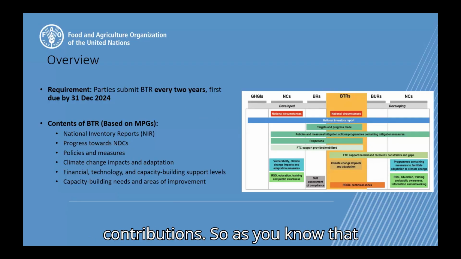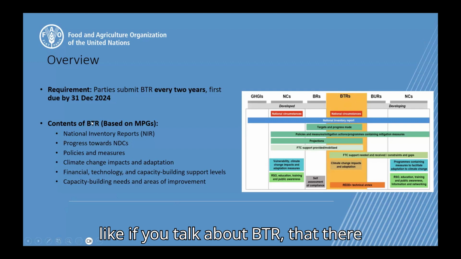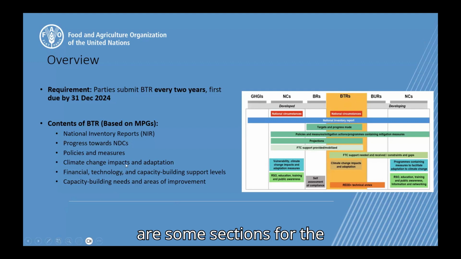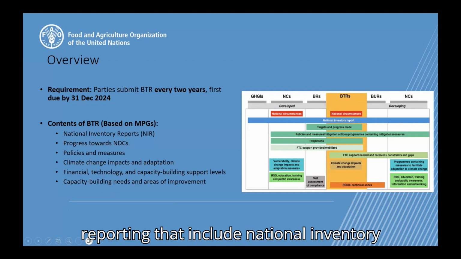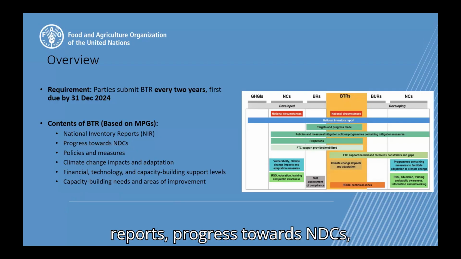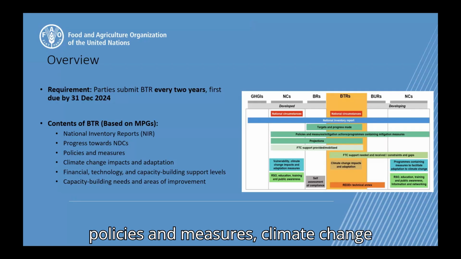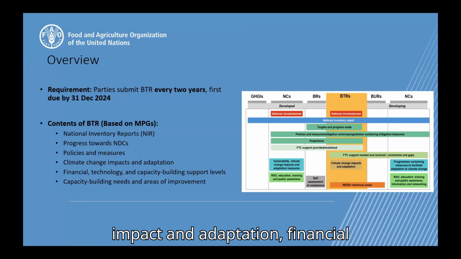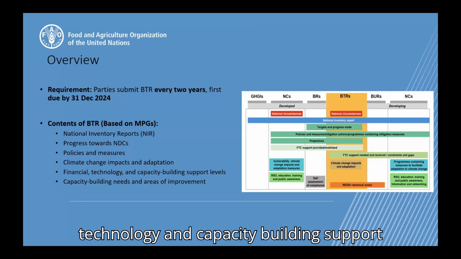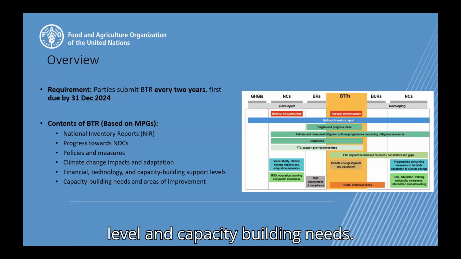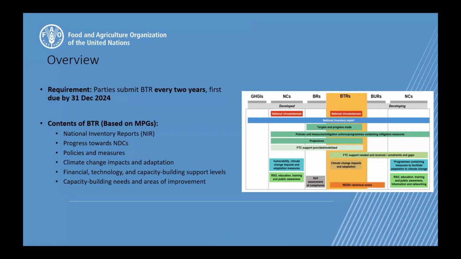So as you know, if you talk about the BTR, there are some sections for the reporting that include national inventory reports, progress towards NDCs, policies and measures, climate change impact and adaptation, financial, technology, and capacity building support level, and capacity building needs.